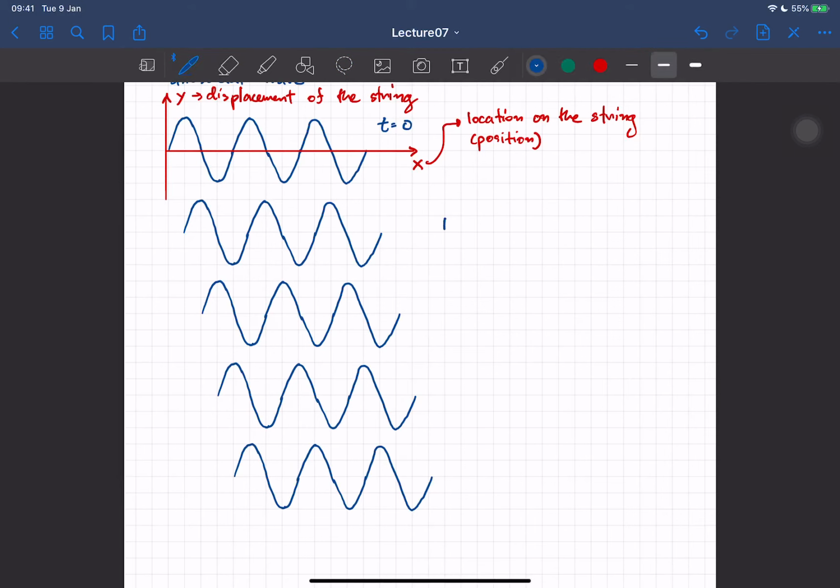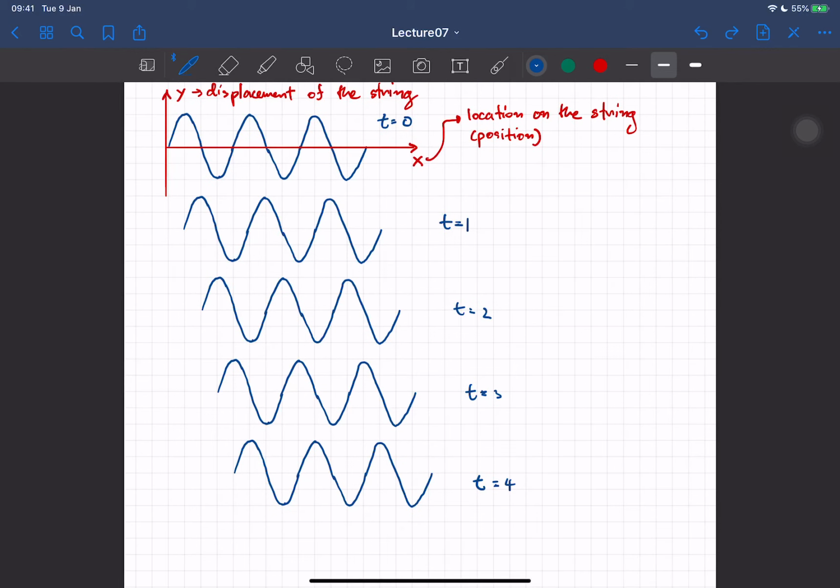So this is t equal to 1, t equal to 2, t equal to 3, and then t equal to 4. Okay, so the times here are kind of arbitrary. It doesn't have to be 1, 2, 3, 4. It can be like 0.1, 0.2, 0.3, or any number. It's just important that I'm putting an equal time interval for each picture here. All right, and the wave is not just this particular section, right?